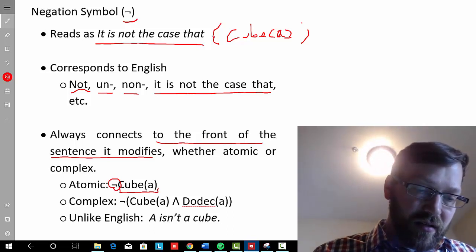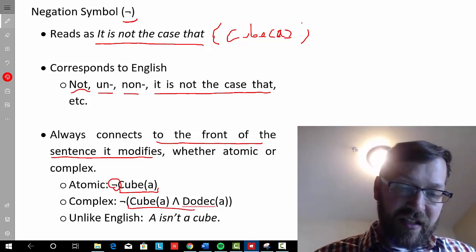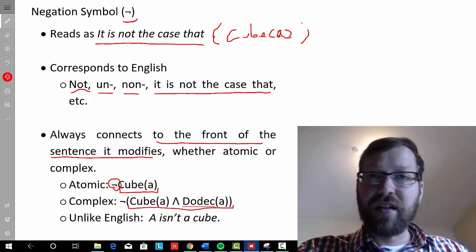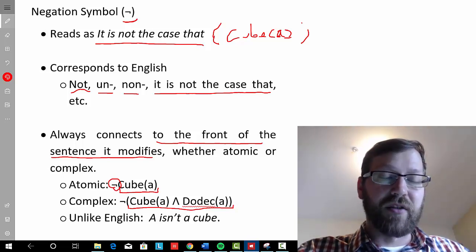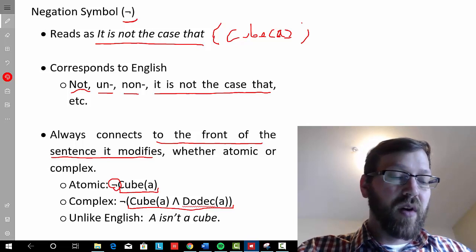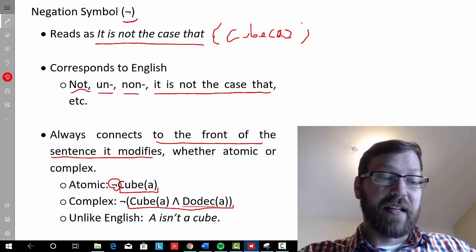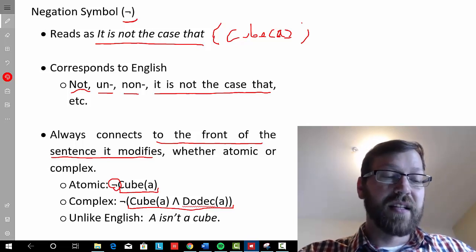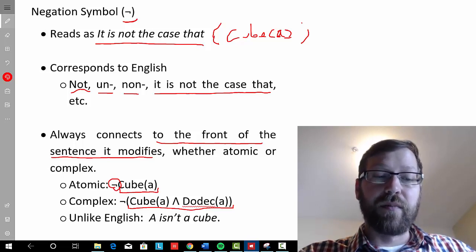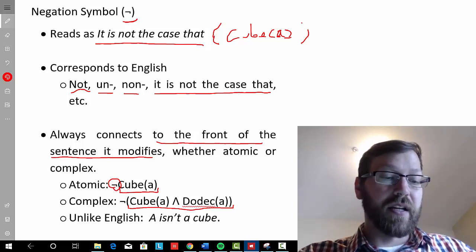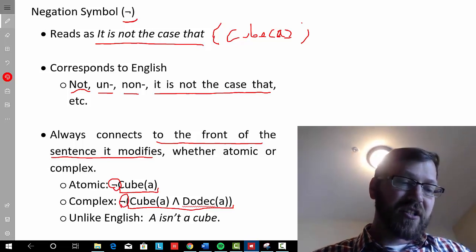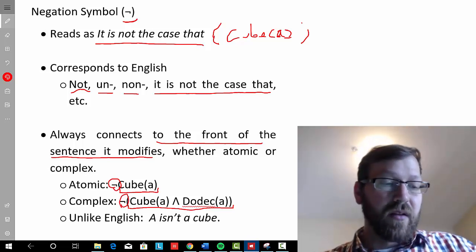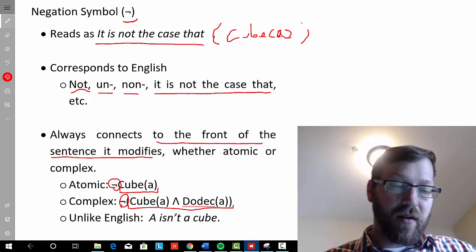Here in this situation, it's modifying a complex sentence. The complex sentence that it's modifying is both A is a cube and A is a dodecahedron. So what it reads out as in FOL is, it's not the case that both A is a cube and A is a dodecahedron.